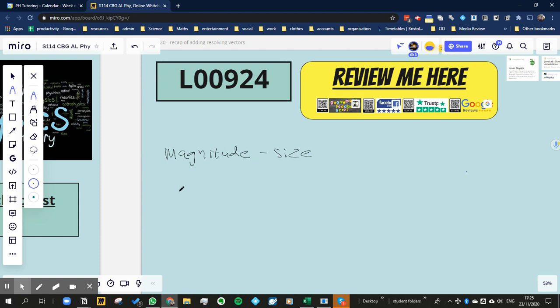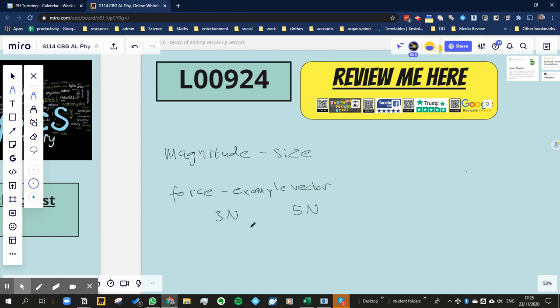So a force is a vector. So let's put example vector. And the reason why the direction is important in this case is because if I said to you, we have two forces acting on an object, we have a force of 3 newtons and a force of 5 newtons.